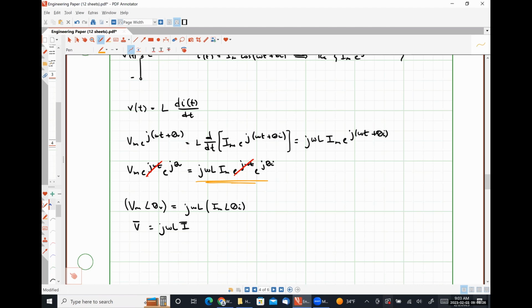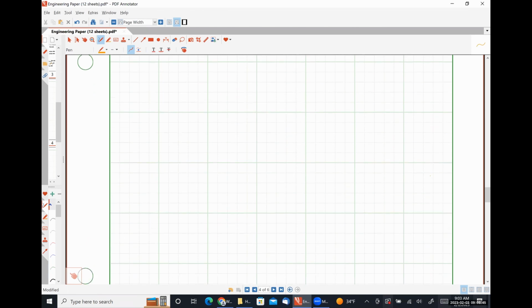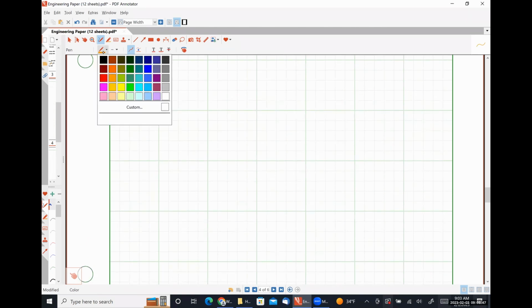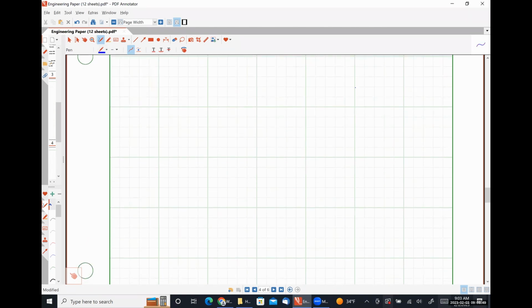So effectively, I have a rectangular form complex number j omega L being multiplied by a polar form complex number. So what we're going to do here is convert into all polar or exponential form complex numbers. So this is a quick aside here. I'm going to draw a complex plane.